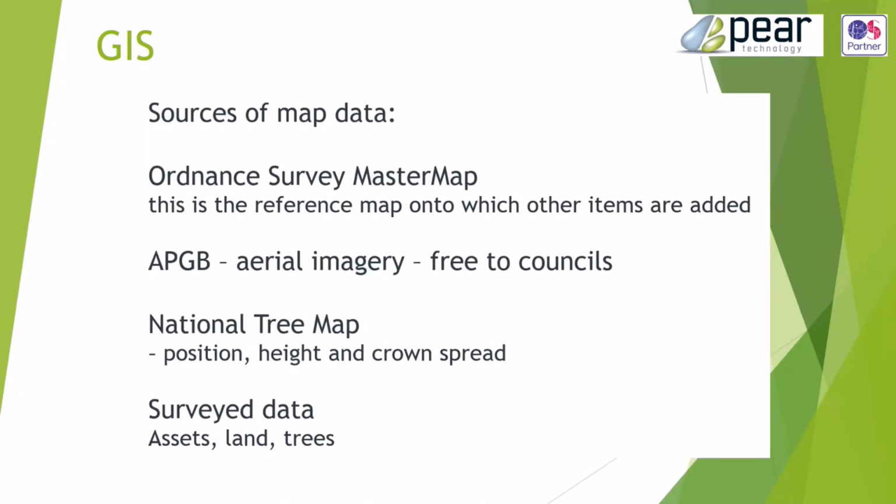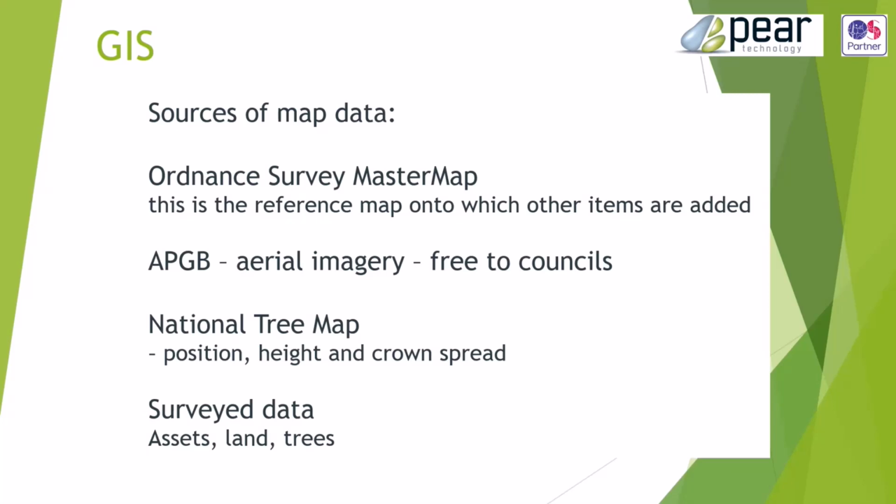We'll look at sources of map data. So the Ordnance Survey MasterMap, as I mentioned, is the reference source of map data. The APGB, which is the Aerial Photography Great Britain data set, is aerial imagery free to councils, basically under the PSGA.